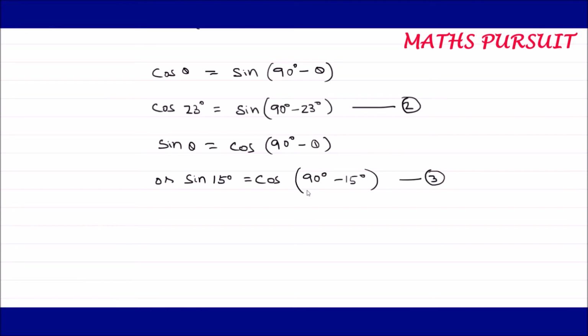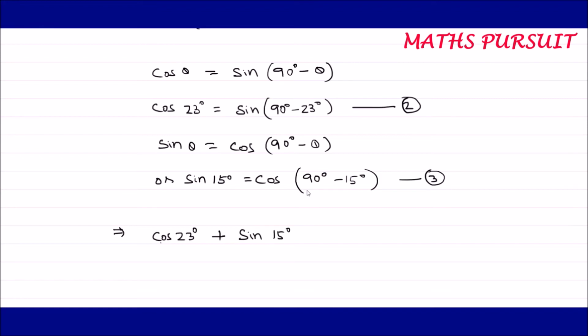So now look at equation number 2 and equation number 3. From equation number 2, we got cos 23 degree is equal to sine 90 degree minus 23 degree. And from equation number 3, we got sine 15 degree is equal to cos 90 degree minus 15 degree. Now the equation number 1 I can represent as cos 23 degree plus sine 15 degree. How?